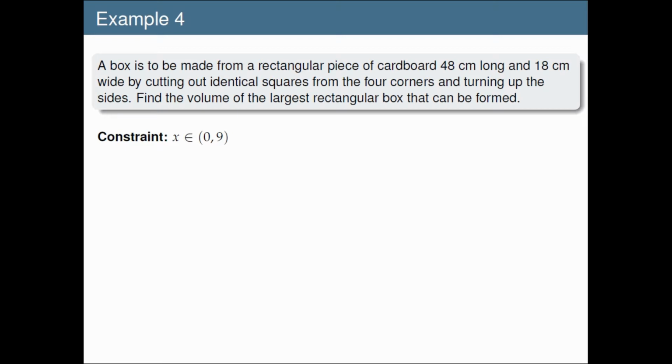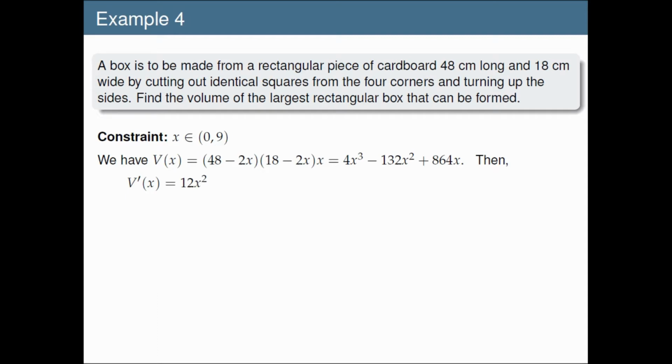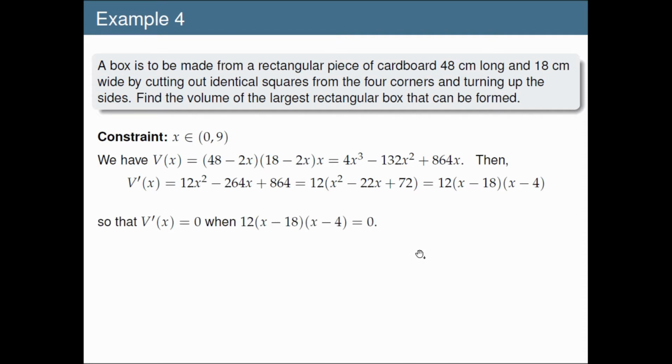We now get the derivative of V. So V prime of x equals 12x squared minus 264x plus 864. This is also equal to 12 times x squared minus 22x plus 72. This is also equal to this. Setting V prime to 0, then 12 times x minus 18 times x minus 4 equals 0.